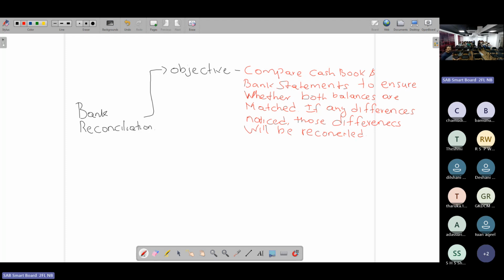Okay, the objective or purpose, importance of bank reconciliation. So next one, reasons for differences.